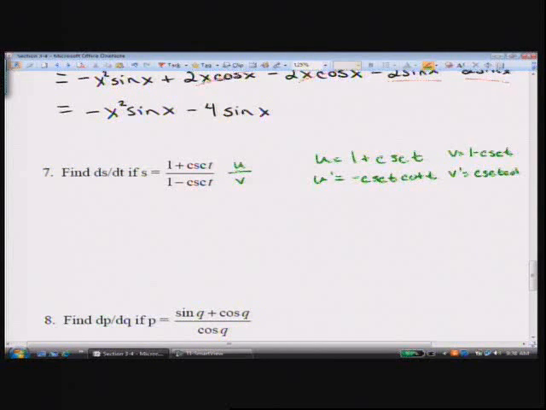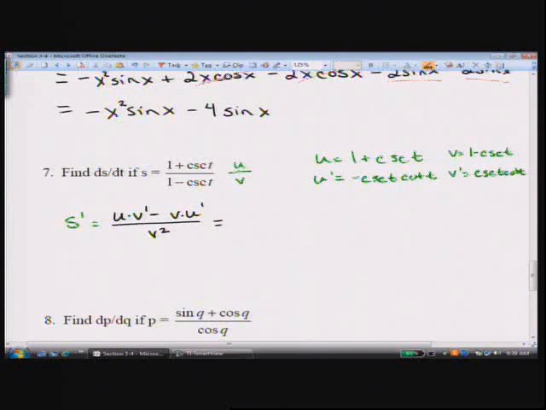Everybody okay with that? Do it on purpose with the t's and the A's. Yeah, just to mess with your mind. All right. So the derivative is, what's the formula for derivative using the quotient rule? It is high d low, so u times v prime minus low d high, v times u prime, all over v squared.